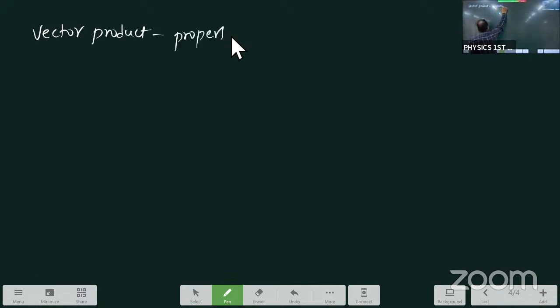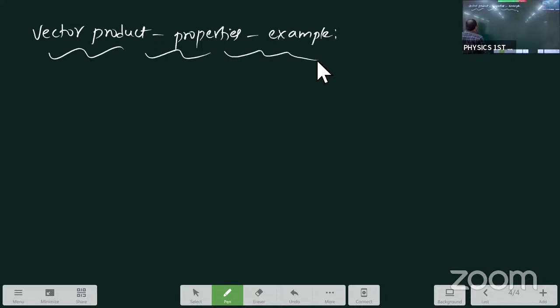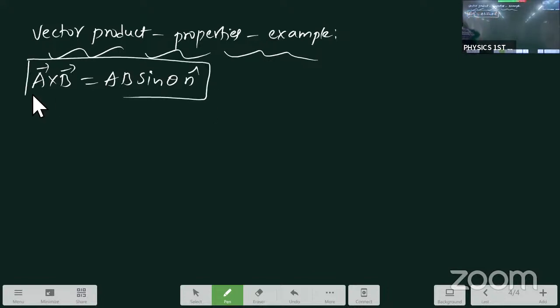In this one, second one, say vector product, properties, example. First, vector product. This one, MPC students, you are reading in maths also.